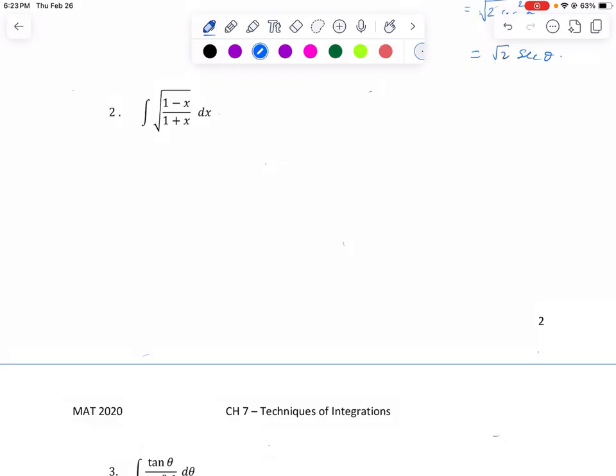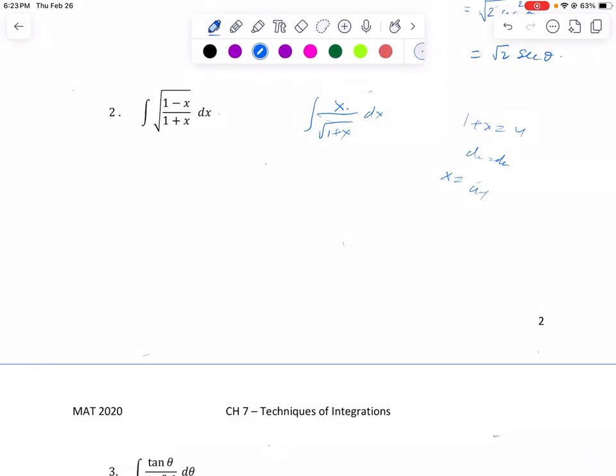In the past, if you saw something like x over square root of 1 plus x, integral dx, you were given the idea that you set 1 plus x equal to u, then dx is equal to du. You can find x, which is going to be u minus 1, plug in there and things will simplify and you can easily find the integral.